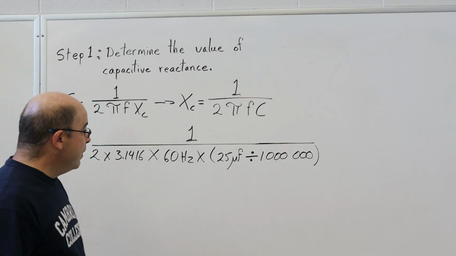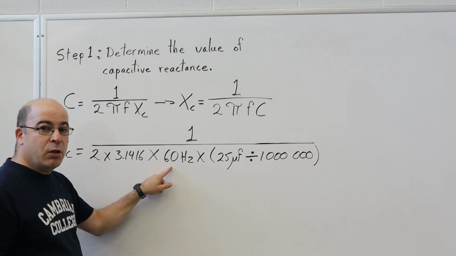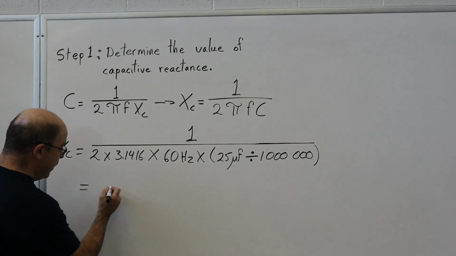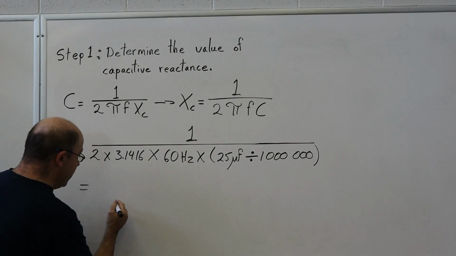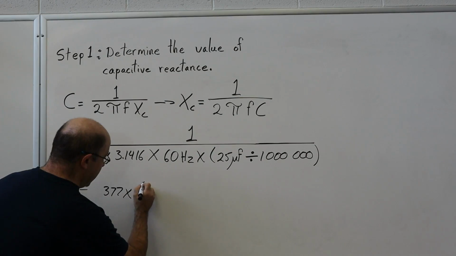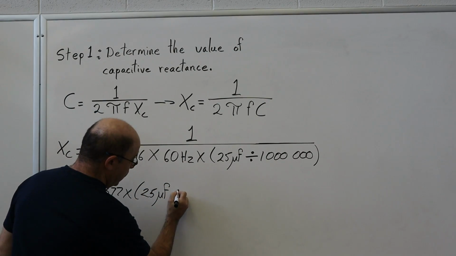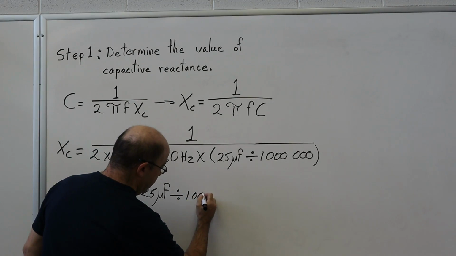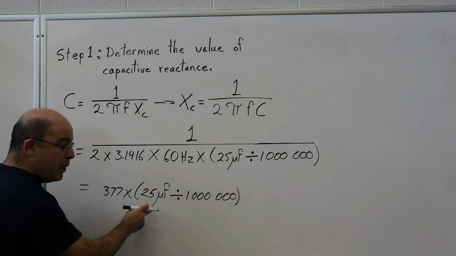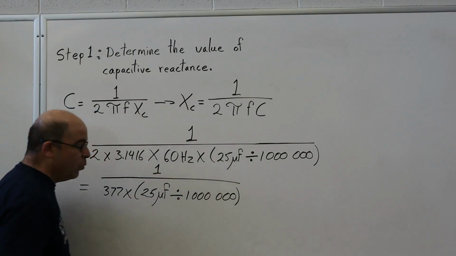There's also a little trick to this. Because we're working with a value of 60 hertz, which is pretty much standard, we could take a shortcut. The constant here is 377 multiplied by the 25 microfarads, which we're going to divide by a million in order to get it into the base unit of farads, and 1 over.